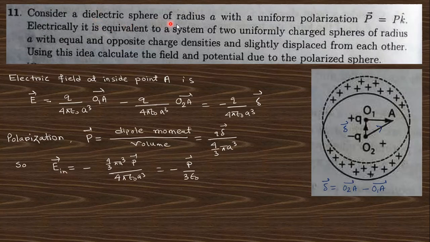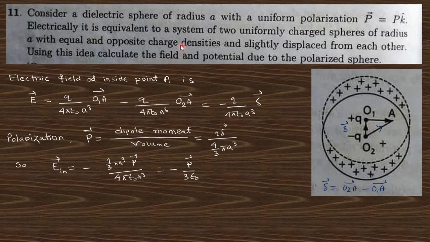Consider a dielectric sphere of radius a with uniform polarization P equal to P k cap in the z direction. Electrically it is equivalent to two uniformly charged spheres of radius a with equal and opposite charge density, slightly displaced from each other.